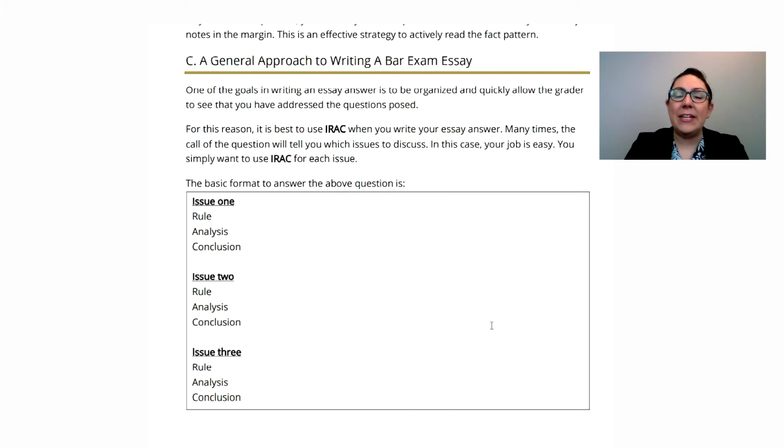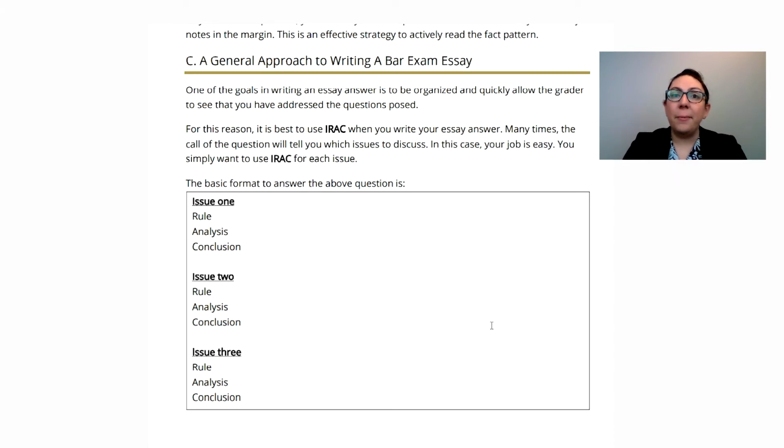The other important piece to separating your essay out like this is that it serves as a good checklist for yourself to make sure that you included all the key components of the essay. It's very common for students to overlook the analysis, and they will just have a rule and a conclusion.